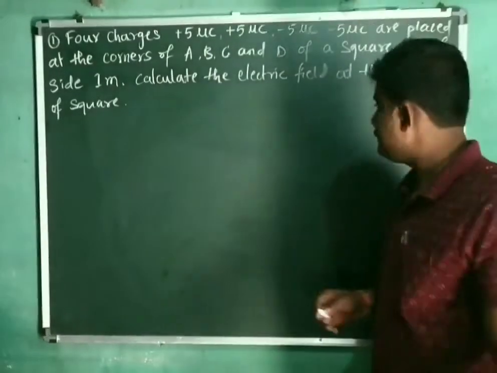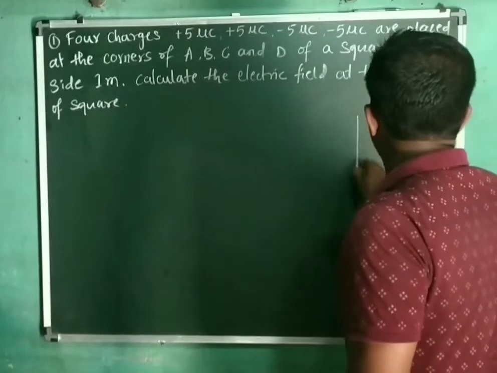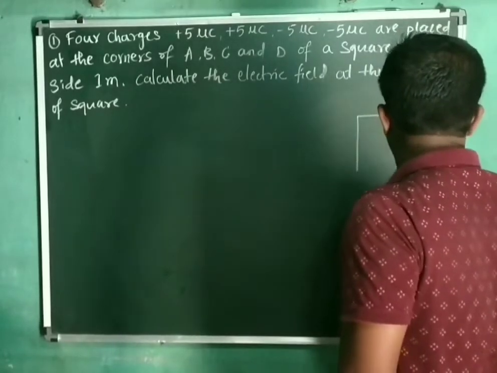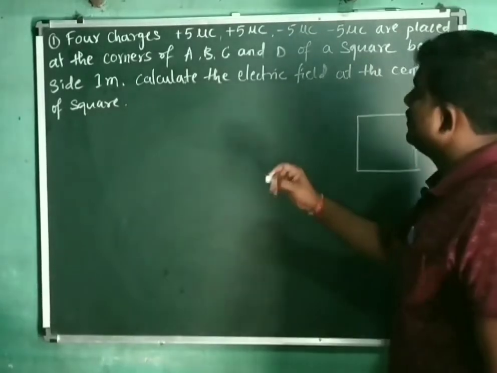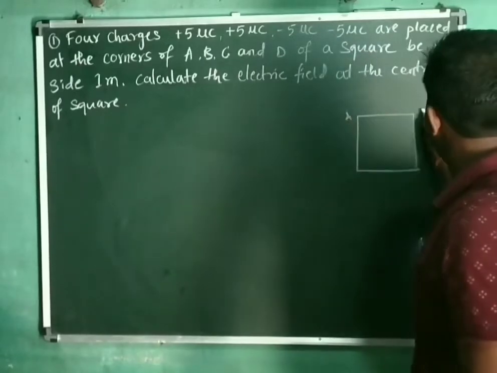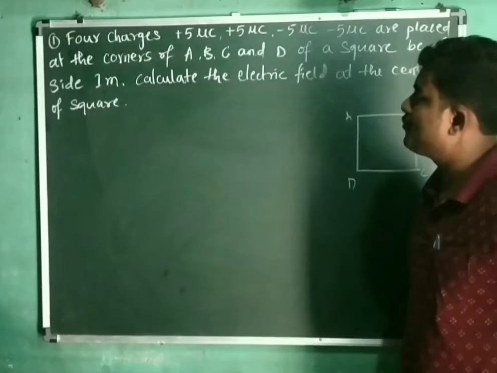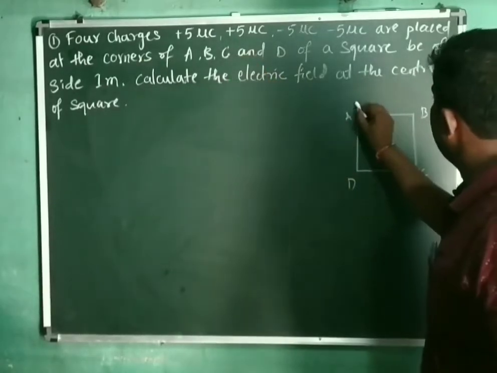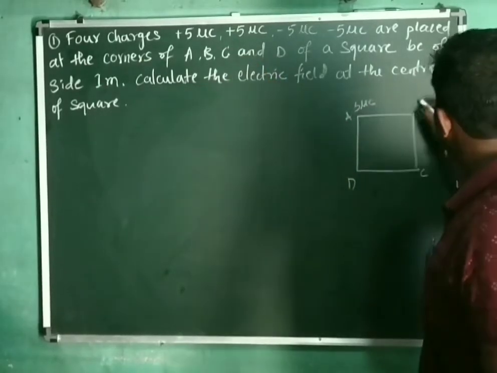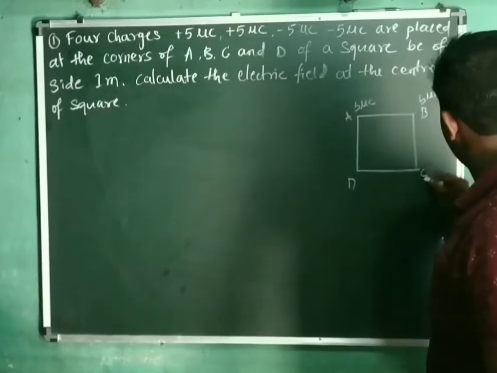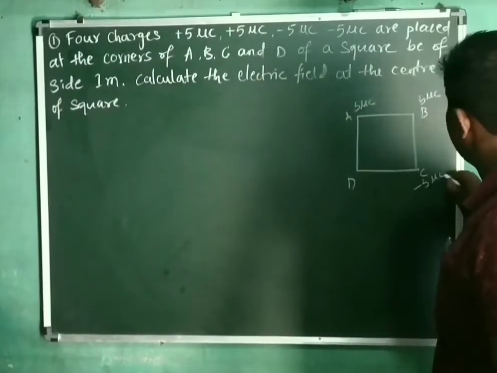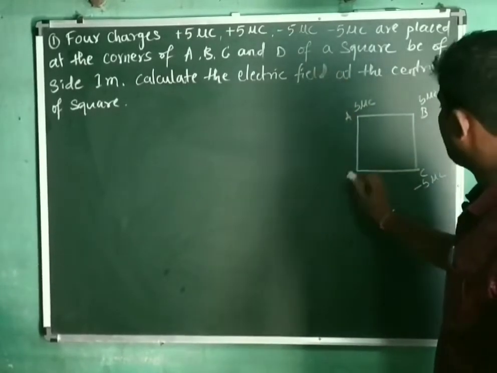See here, this is a square. Let us call it A, B, C, D. A, B, C, D is a square. So charges are placed: 5 microcoulomb, 5 microcoulomb, minus 5 microcoulomb and minus 5 microcoulomb.